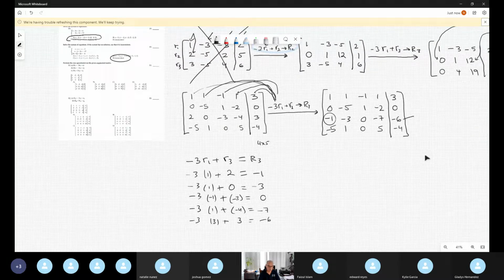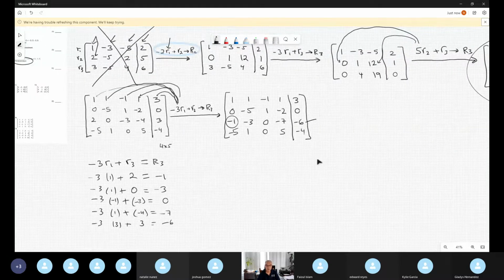Let's do one more operation, 5 times. A row operation is from one factor: you can multiply one specific row, working like a pivot, and you add another arbitrary row and store it in the same row.